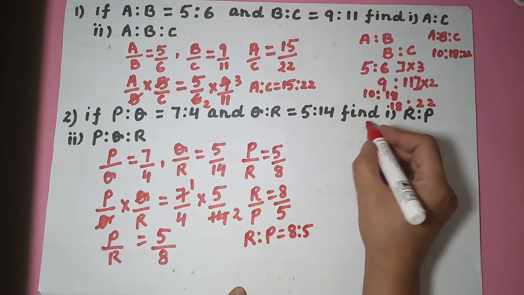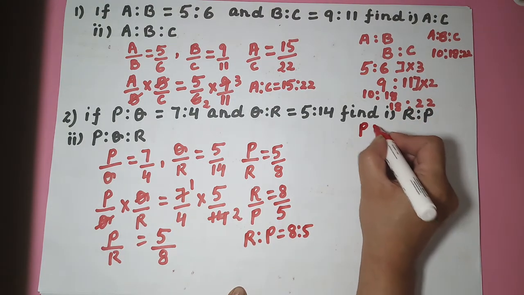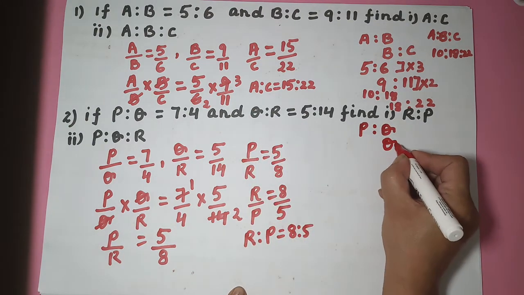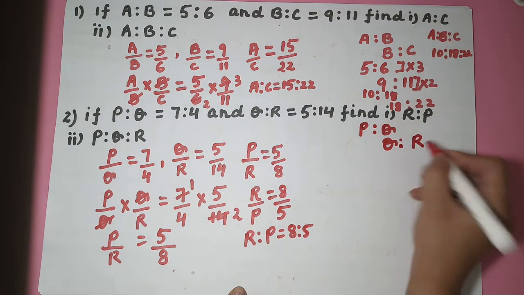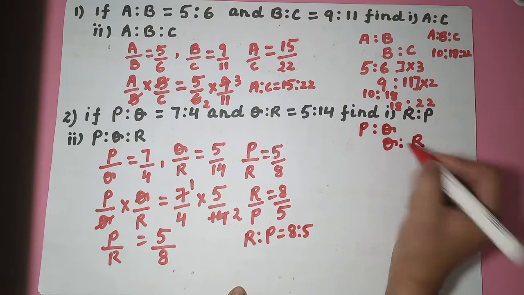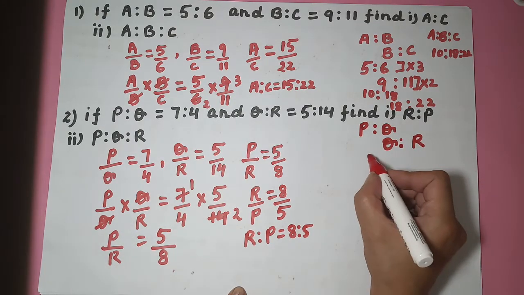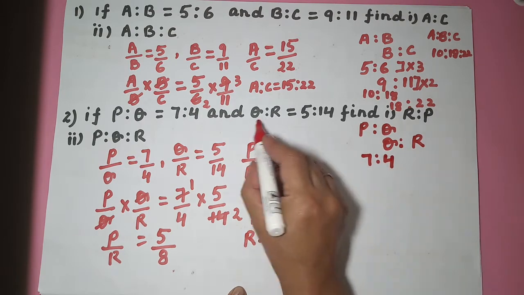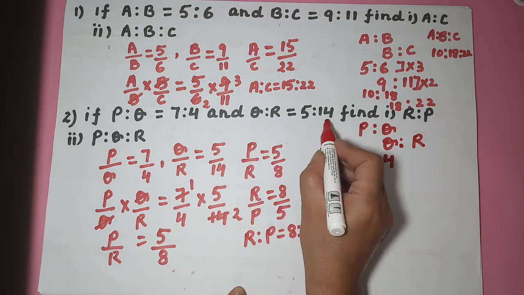We'll follow the same method. We will write P is to Q like this, followed by Q is to R. Q we will write under Q. Okay. So what is my P is to Q? 7 is to 4. And what is my Q is to R? 5 is to 14.